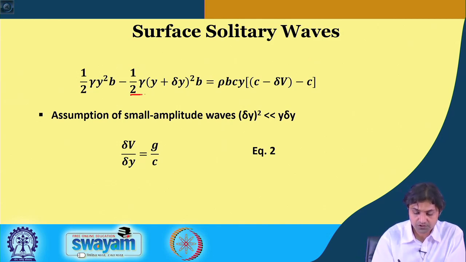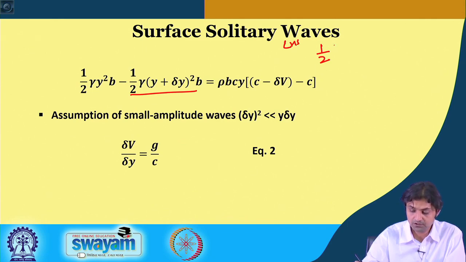If you put this in and solve, we look at this term. Taking half, gamma and b common, the left hand side is half gamma b times y square minus y plus delta y whole square.